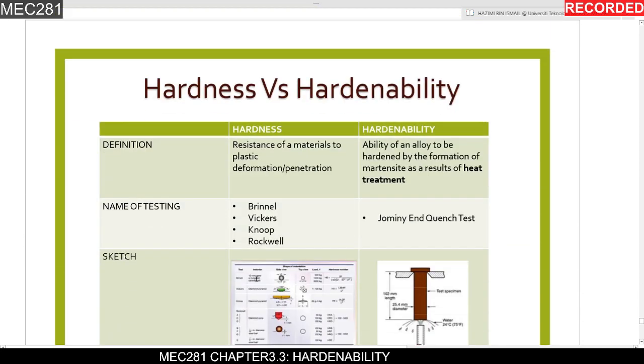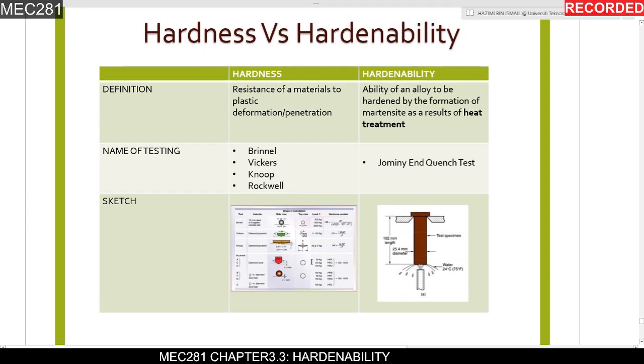Okay, what is the sketch here? So this is the sketch of the diagram of the Jominy end quench test, and this is the diagram of the Brinell, Vickers, Knoop, and Rockwell hardness tests.